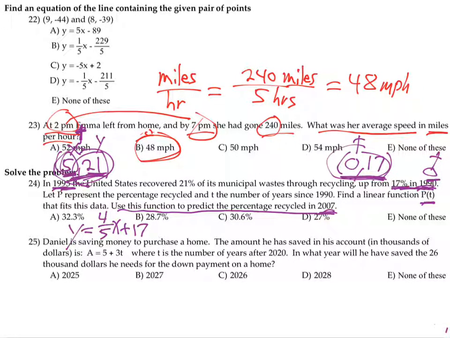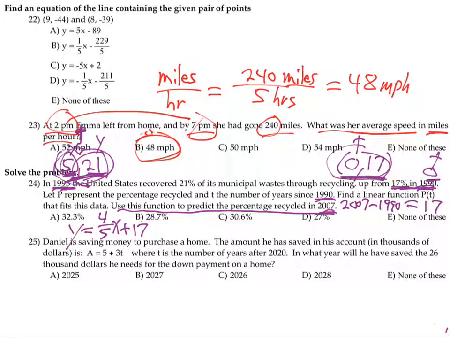Now remember, time started when in this problem? 1990. So 2007 minus 1990, how many years is that? That's 17 years after the start of this little program, this recycling program. So that's what I need to plug in.